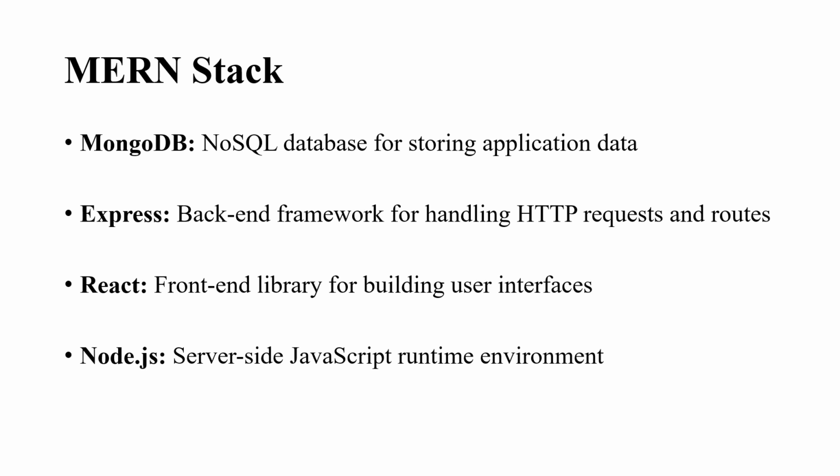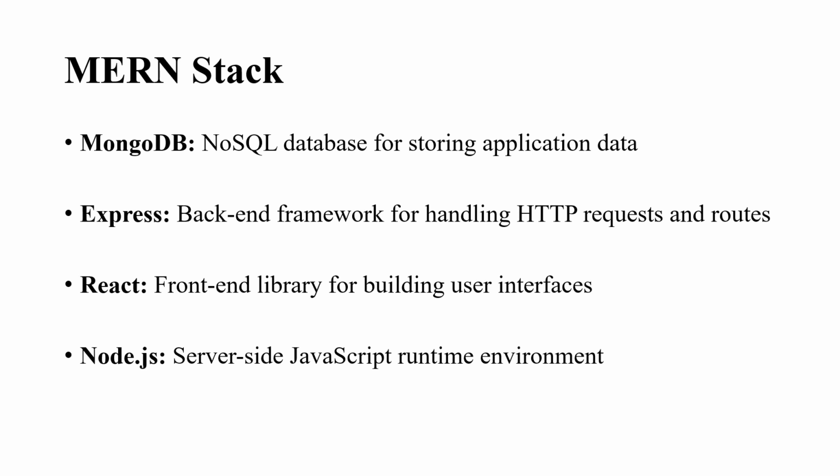And what is actually a MERN stack? It consists of MongoDB, Express, React, and Node.js. So what is MongoDB? It is a NoSQL database for storing application data. NoSQL database means, MySQL is where you're doing the database through SQL. NoSQL means you're doing it without SQL. You're just creating a database and then storing the application data in that. Express is a backend framework for handling HTTP requests and routes.